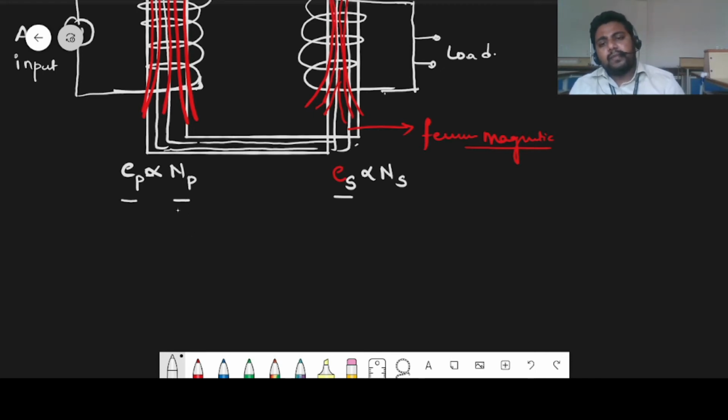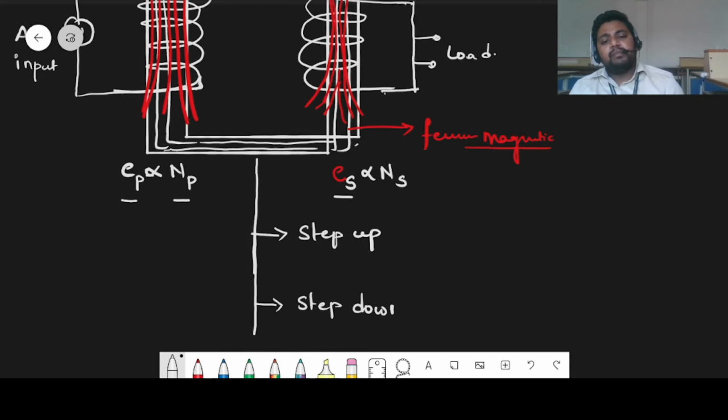Now there are two types of transformers. One is a step up transformer and there is a step down transformer. In a step up transformer, the main function is to increase output voltage.